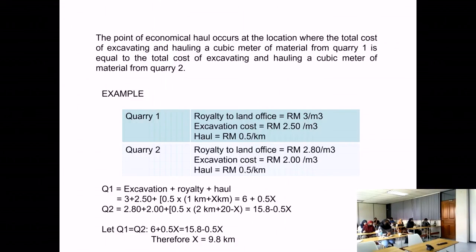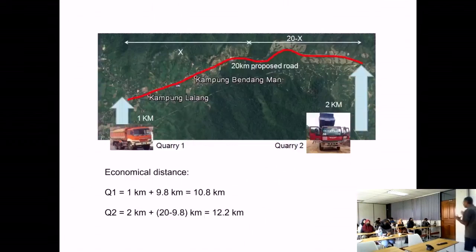Now based on this calculation, we get X as 9.8 km. So the distance from here to here is 9.8 km. Right? So if this is 9.8, the remaining here would be 12.2. So 12.2 we take from this quarry, 9.8 we take from this quarry.